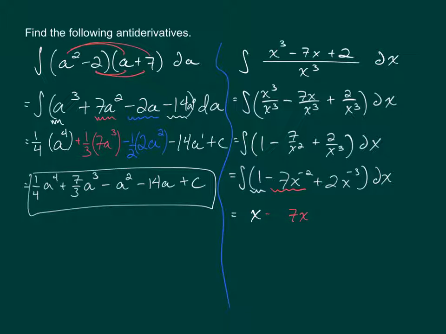If you add 1 to negative 2, it becomes negative 1. Multiply by the reciprocal of the new power. To that, I'm going to add this one, 2 times x, add 1 to negative 3, you get negative 2, to the 1 over negative 2 power. And then, of course, at the very end, plus c.